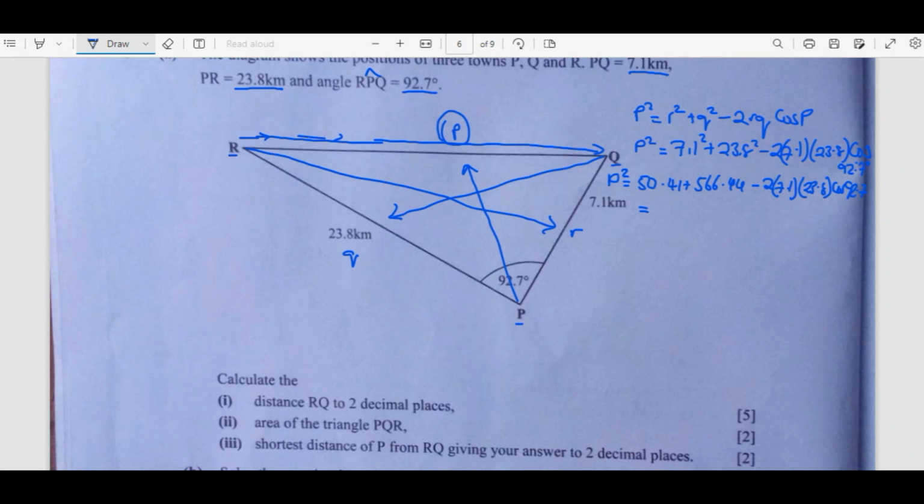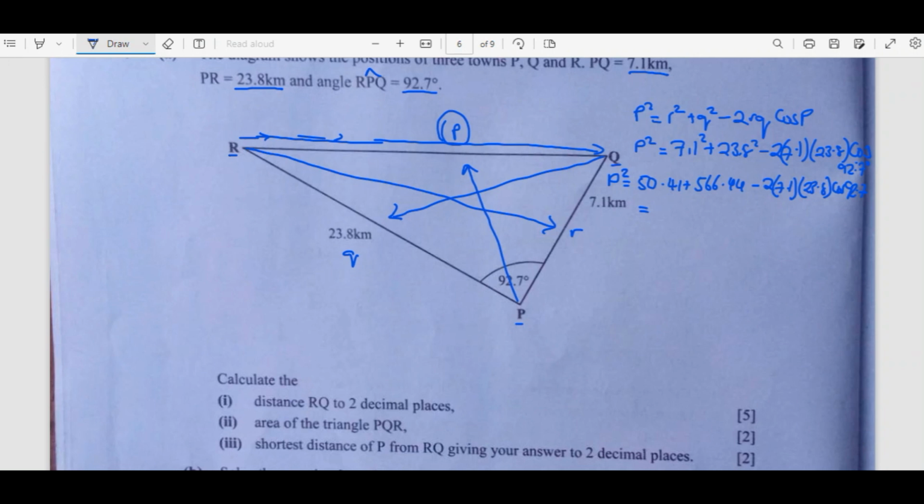Okay, so let us put everything: 50.41 plus 566.44 minus 2 open bracket 7.1, close, open 23.8, close, and then cos 92.7.